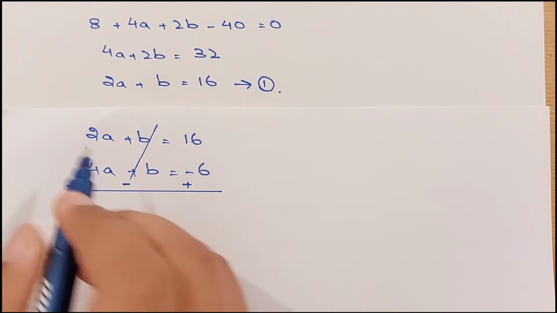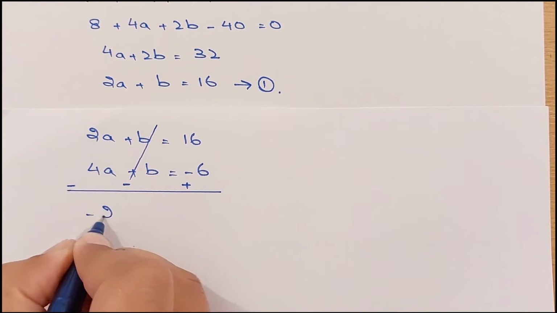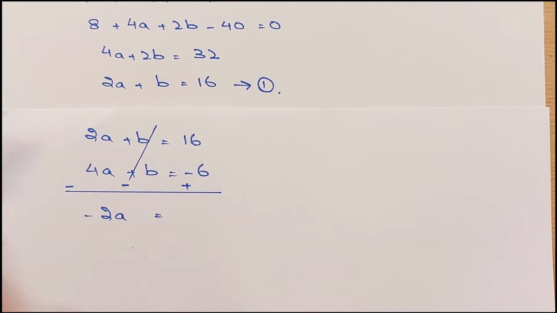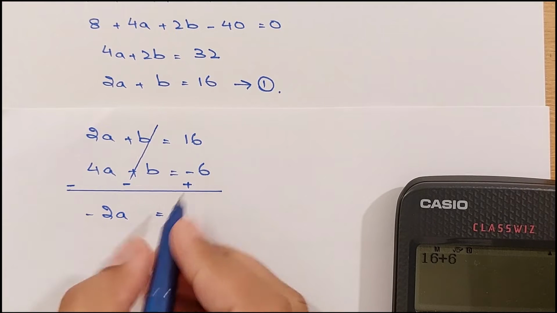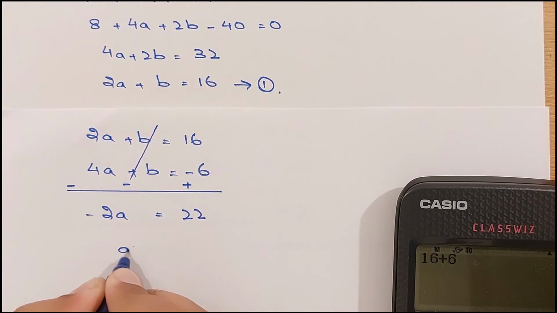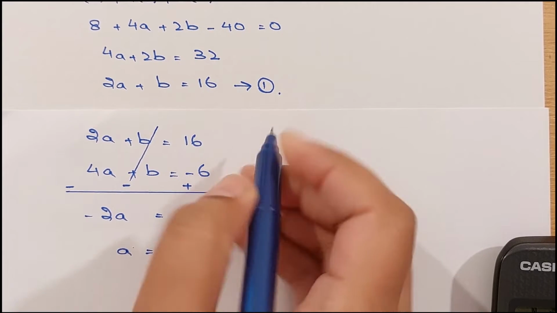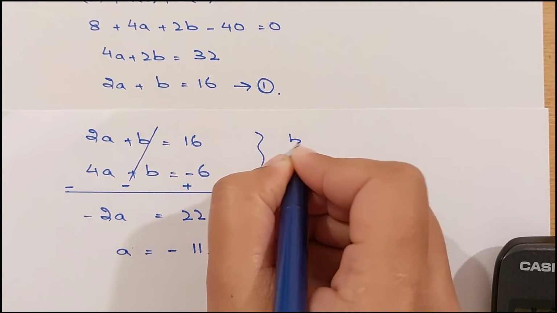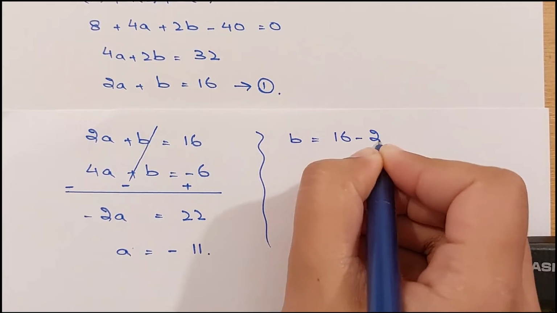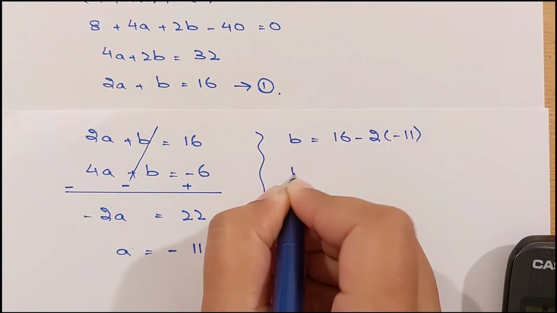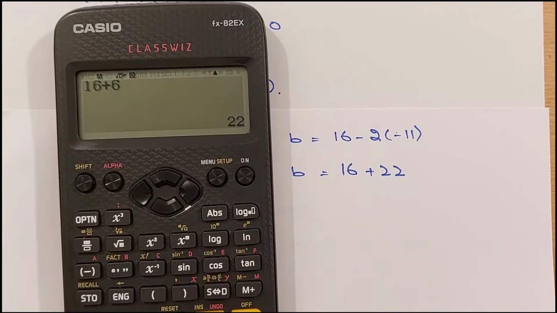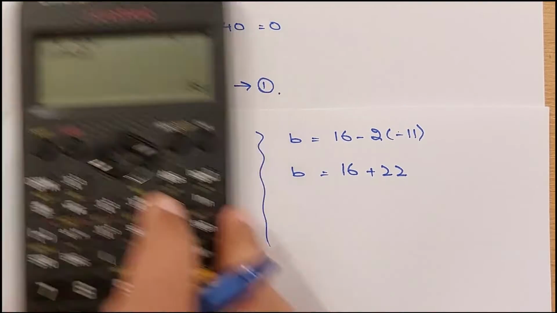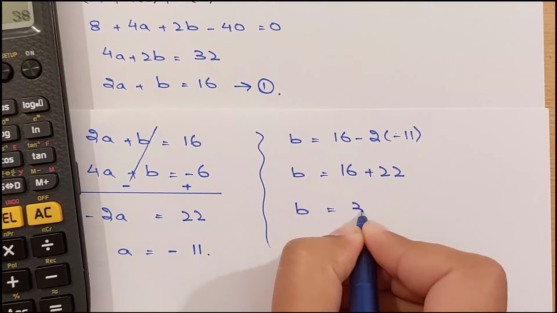So cancel the b, and 2 minus 4 is minus 2a, and 16 add 6 is 22. So from here a value is negative 11, right? Now substitute the value of a in the first or second equation to get b. B equals 16 minus 2 times a. B equals 16 plus 2 times 11, which is 22. So 16 plus 22 is 38. So the b value is 38.